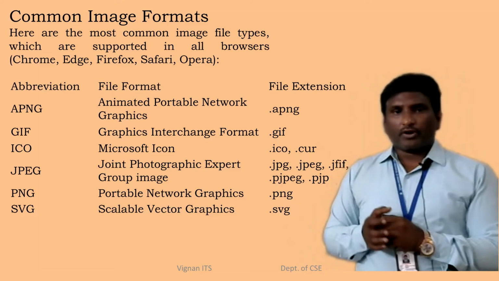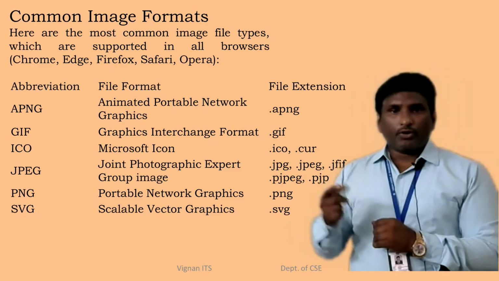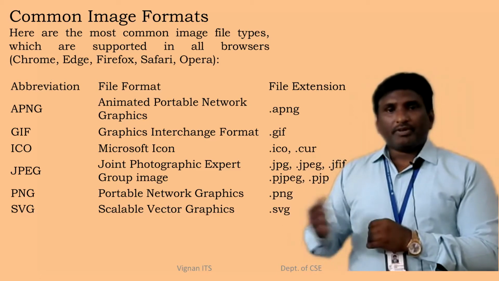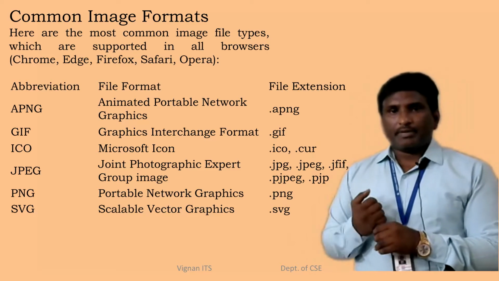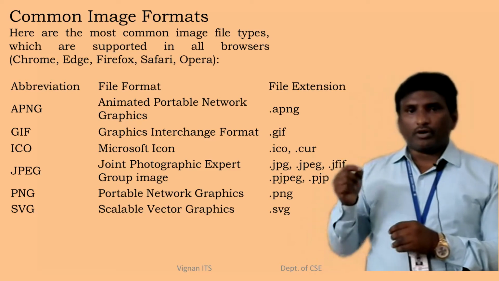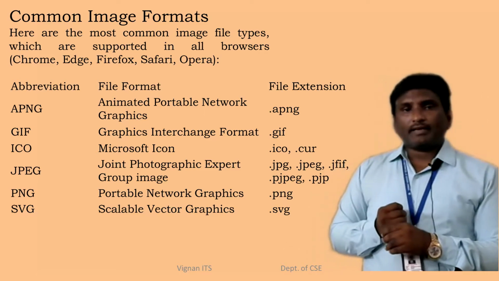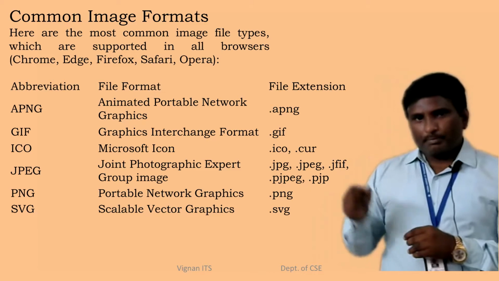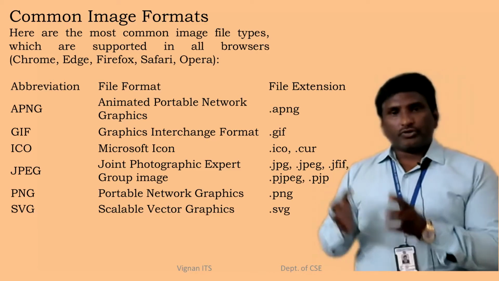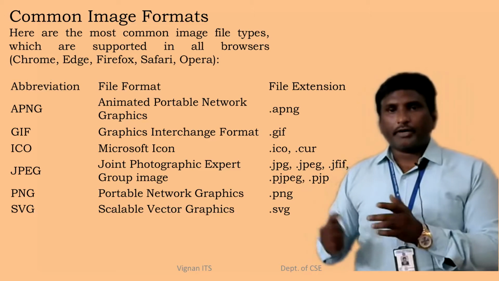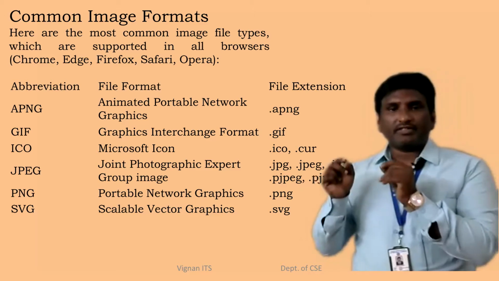ICO, Microsoft icon, .ico and .cur. JPEG, joint photographic experts group, that is the JPEG format, .jpg, .jpeg or .jfif. PNG, portable network graphics, .png. SVG, scalable vector graphics, .svg. These are the formats supported, so that images can be embedded into web pages by using the img image tag.